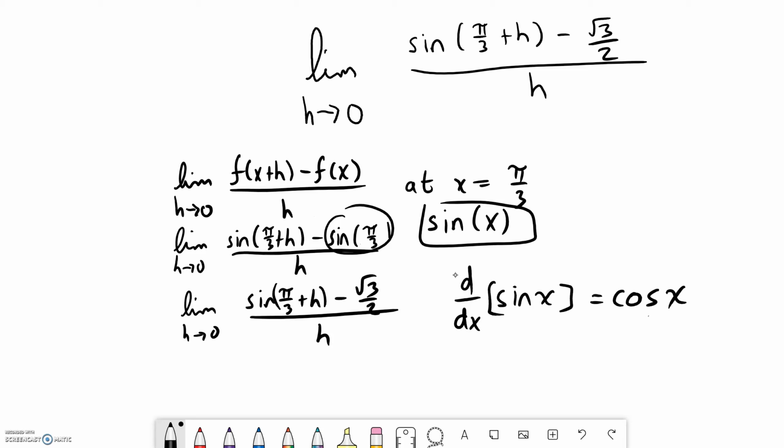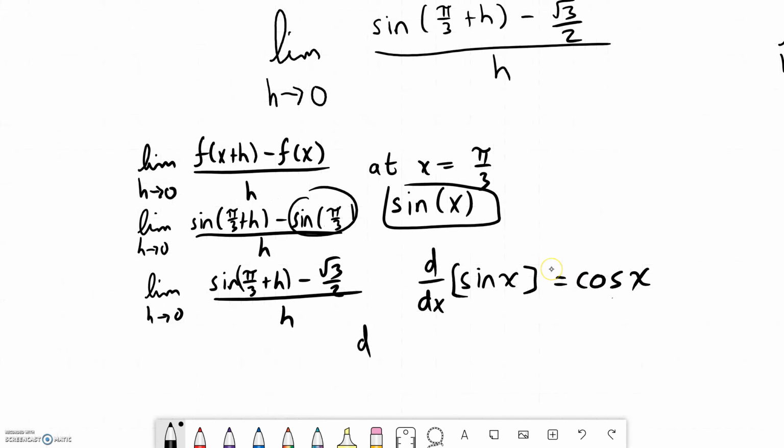However, the only difference here is that we have to evaluate it at the point. So what we want to do is write it like this. This is the same thing as the derivative of sine x, evaluated, this bar, this long line that just goes down, is just like an evaluation.